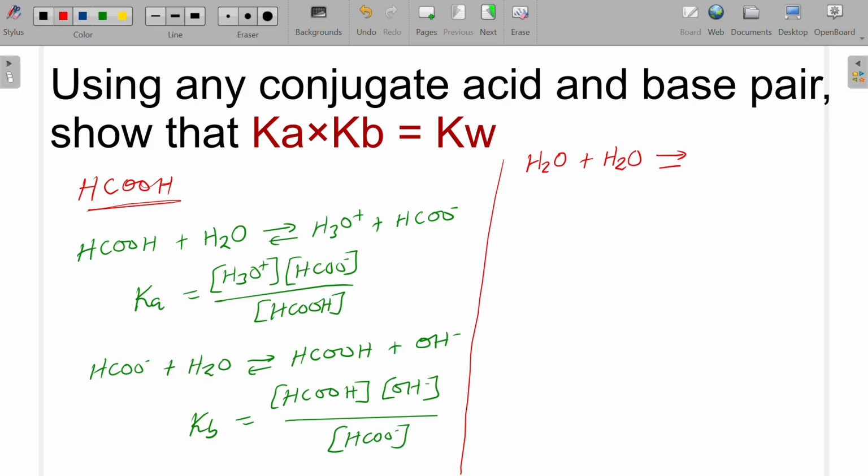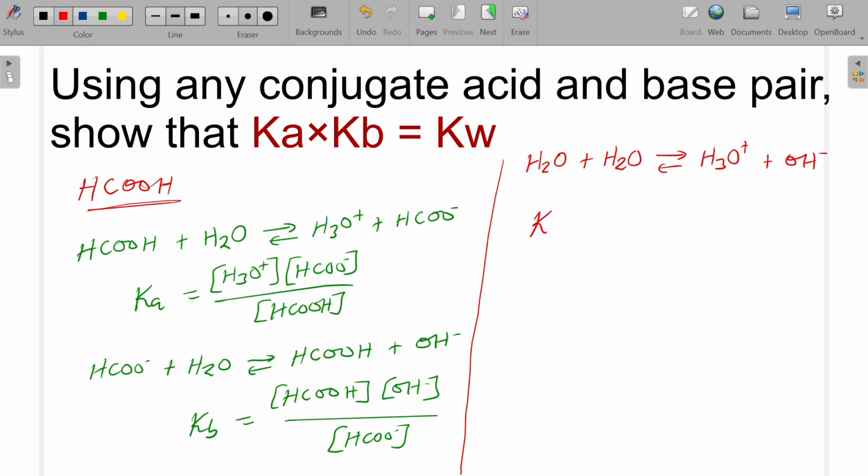When we do this, what we are producing on the other side is the hydronium ions and the hydroxide ions. So when you put water into water, it autoionizes itself, producing the hydronium ions and the hydroxide ion.